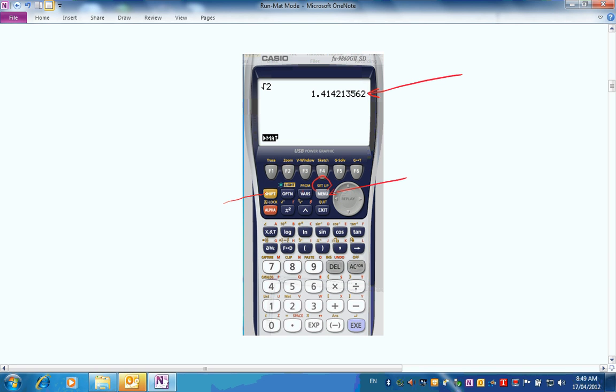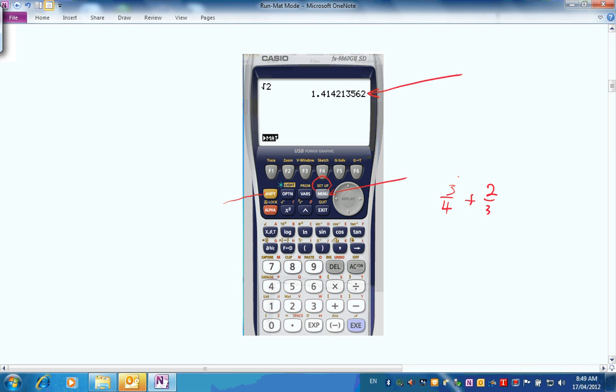Now I want you to do the addition of 2 fractions first of all. So the 2 fractions we're going to work with are 3/4 and 2/3. We're going to add those 2 fractions up. 3/4 plus 2/3.